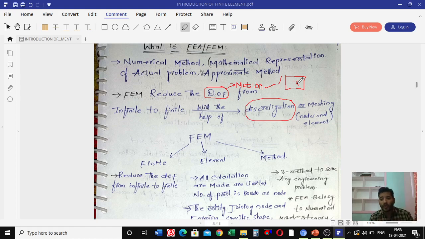If you observe from the front view, it lies in two coordinates, the x coordinate and y coordinate. So you can represent that it lies in two coordinates only. So how to represent the area? It is represented like this.